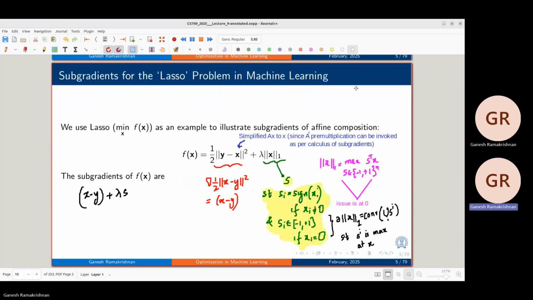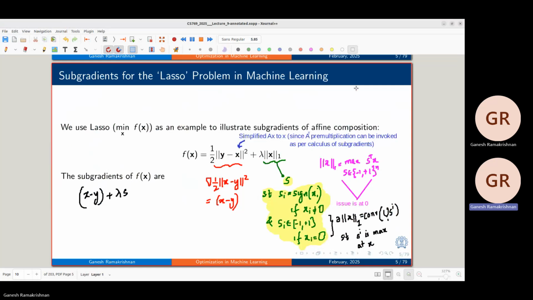I'll make it simple, right? S transpose x says that it is the same as the summation over i of the absolute values of xi. So that's what we had seen earlier.